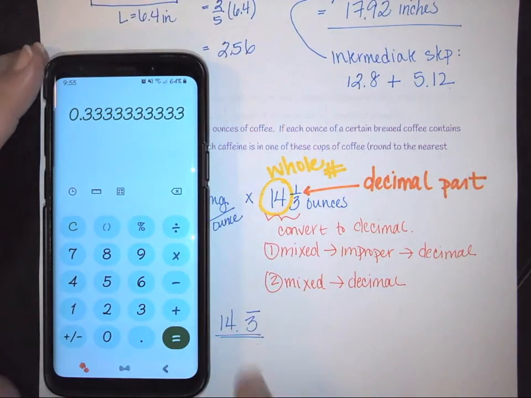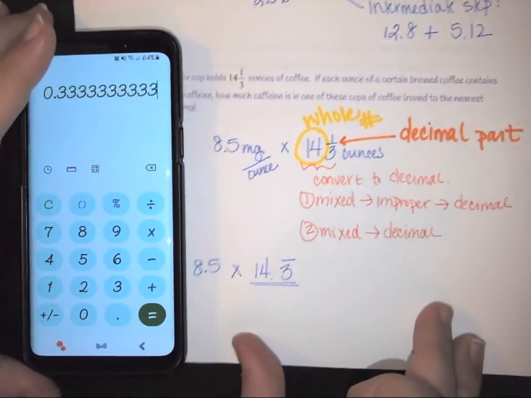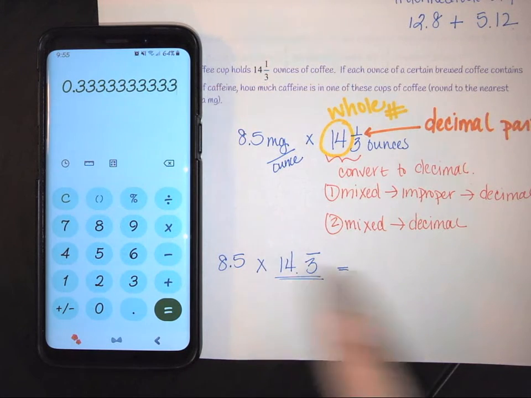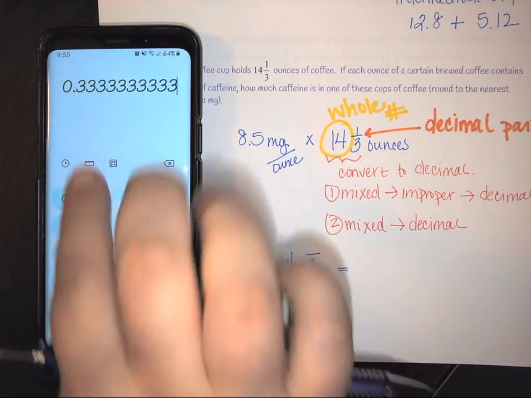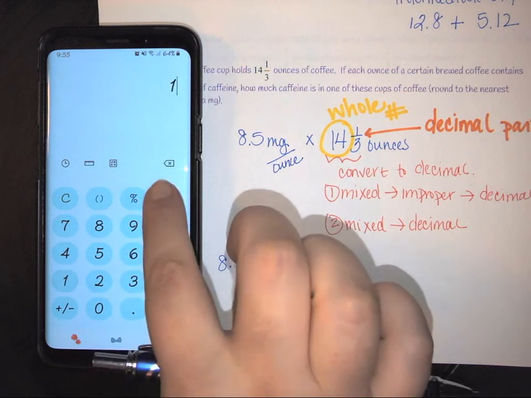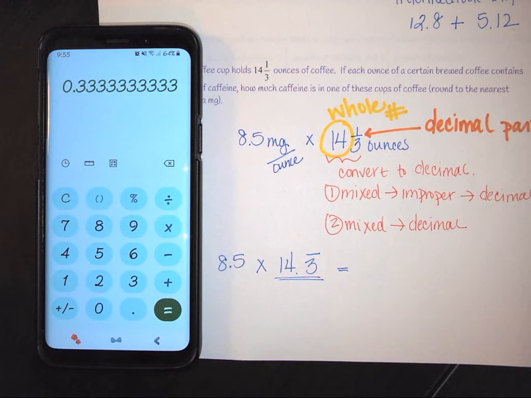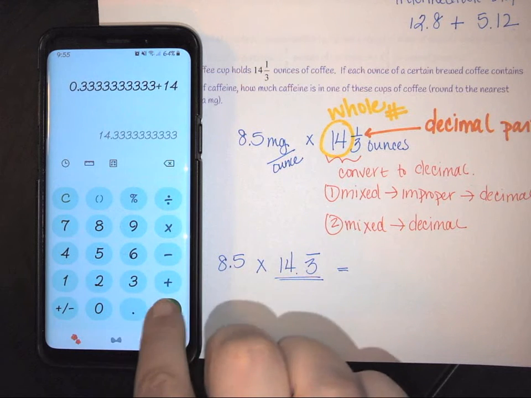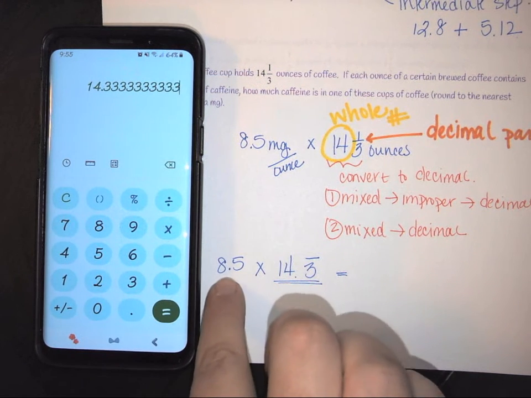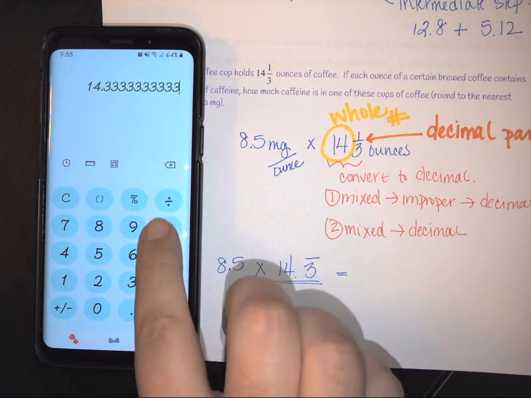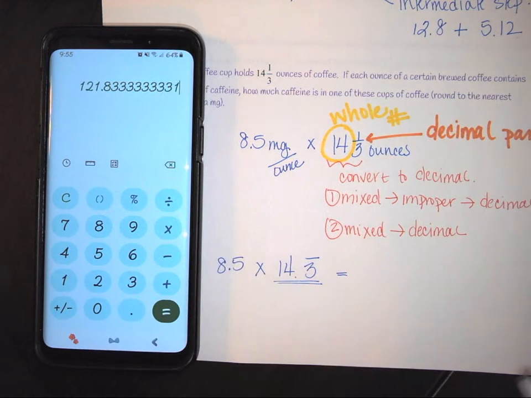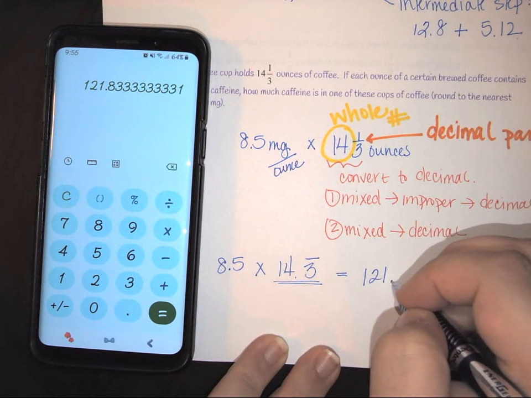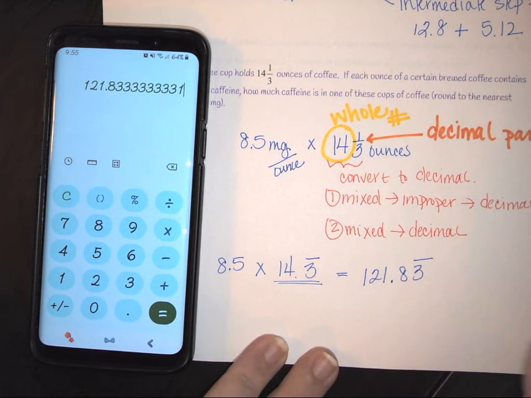So the way to do that is to take it where we have found what your decimal is. So 1/3, so 1 divided by 3, and hit enter. Then we have to add that to the whole number part and hit enter. Then we're going to multiply that by the 8.5. So times 8.5 and hit enter. And we end up with 121.83 repeating.